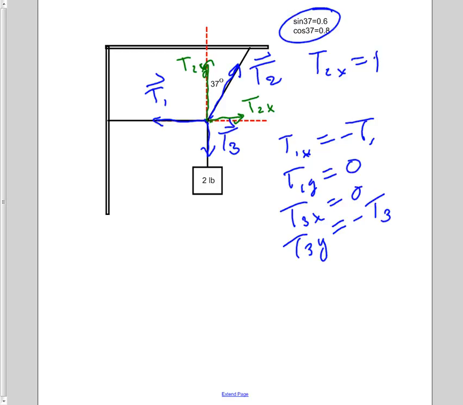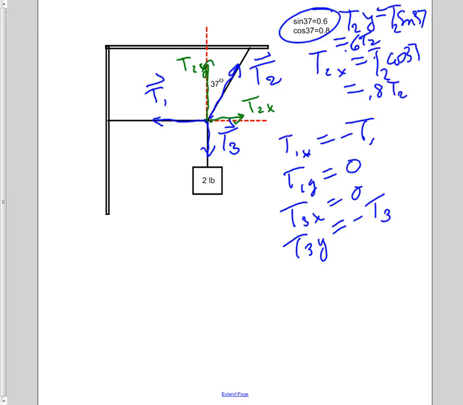So T2 sub x is equal to T2 times the cosine of 37, which would be equal to T2 times 0.8. And T2 sub y is equal to T2 sine 37. Getting a little messy here, aren't I? Okay, which is 0.6 T2.